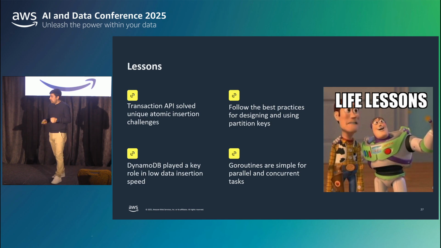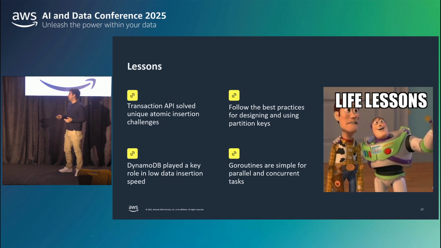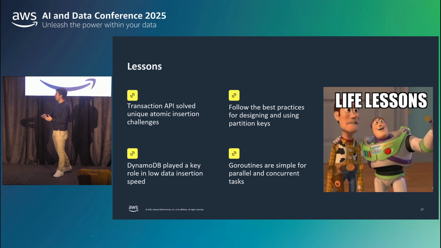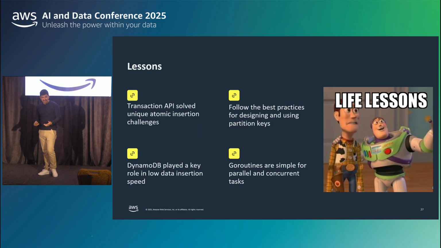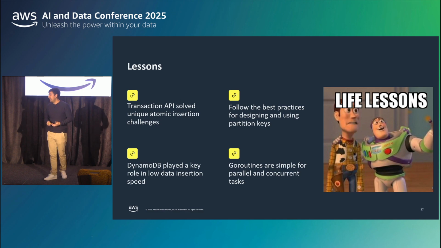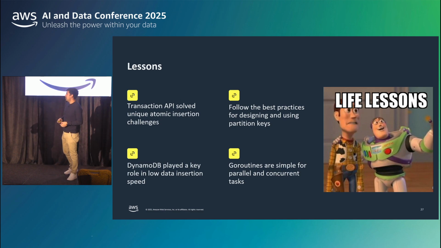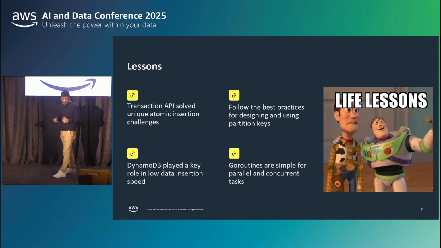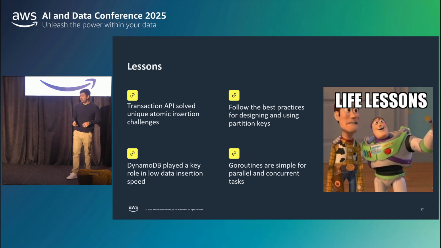DynamoDB in this case is the key part of the architecture. And finally, for me, please follow best practices when you design the partition key. This was the key for us, because in development everything works well, but in production, no. Now, yes, because we fixed it.